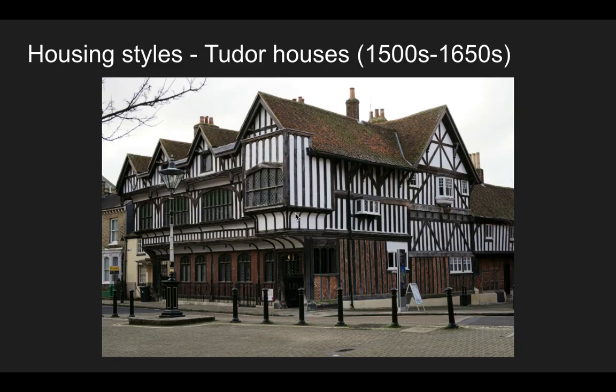And these are all made of wood. So very, very old houses. There are not many left. It's very rare to find a house like this. But in London, for example, you can still find some Tudor houses and in other parts of the country. So this black and white style is a Tudor style, very old.